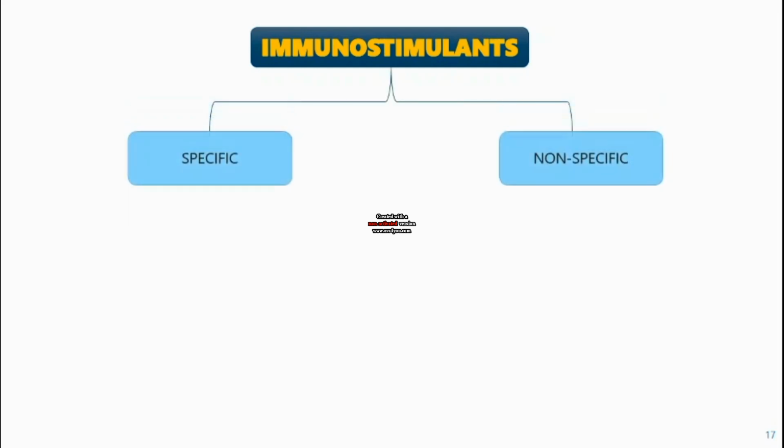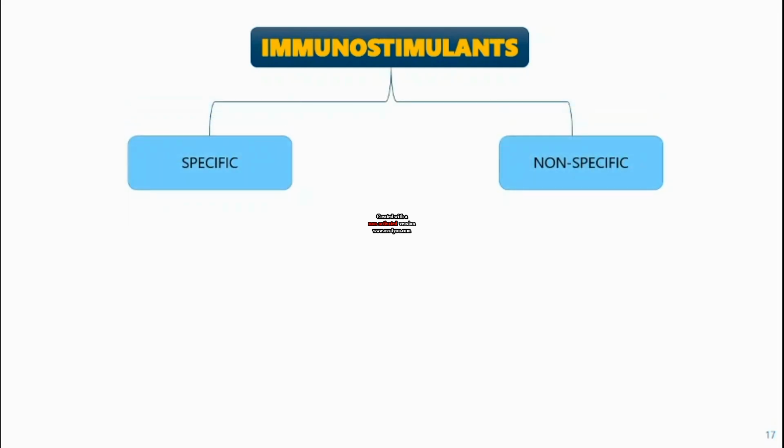Now let's talk about immunostimulants. As discussed before, immunostimulants are substances that modulate the immune system by stimulating the function of one or more of the system's components. Immunostimulants are of two types: specific and non-specific.